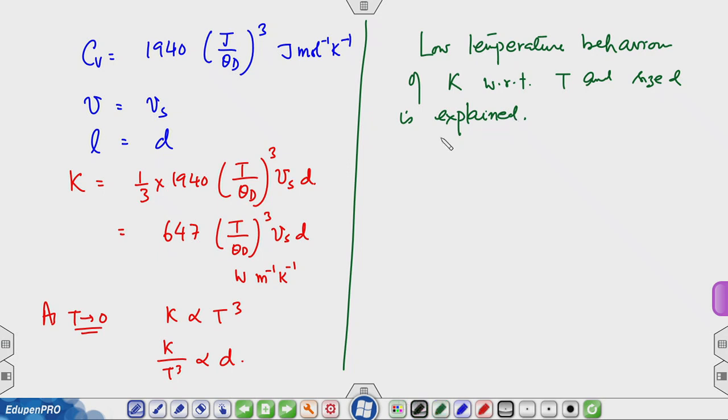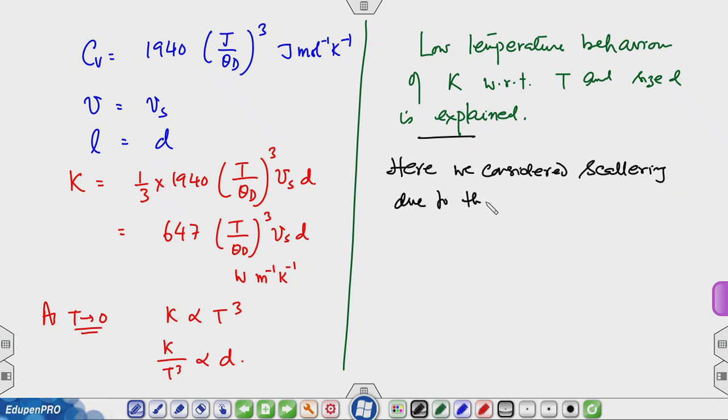So, here we consider scattering by the sides of the sample, and no other mechanism.